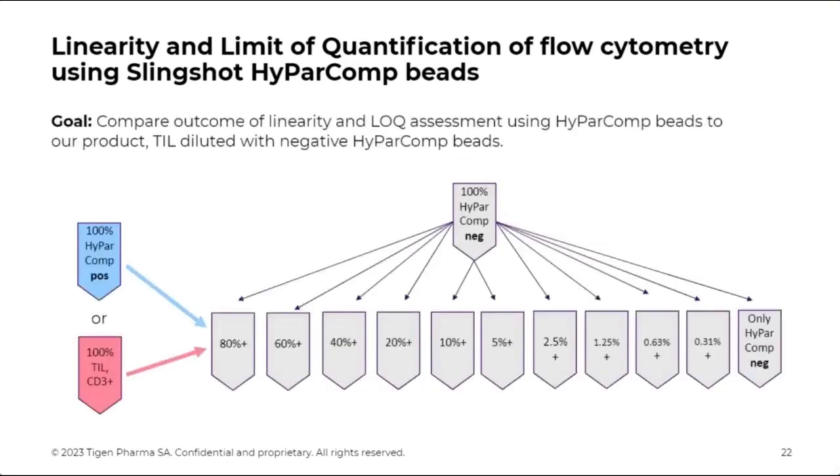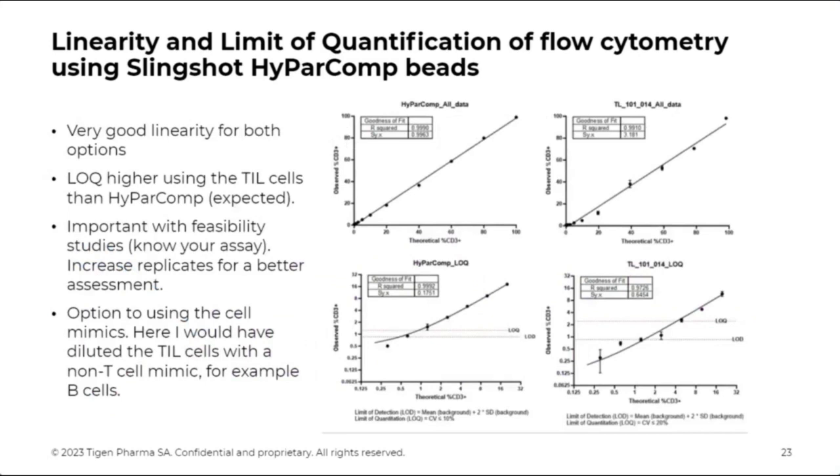When we assessed the LOQ, we used the 20% down to 0 because the upper end is not of interest in this case. The lower graph is showing the results for the LOQ, and the two left is showing you the hypercomp data, and the two graphs, upper and lower to the right, is showing the T cell data.